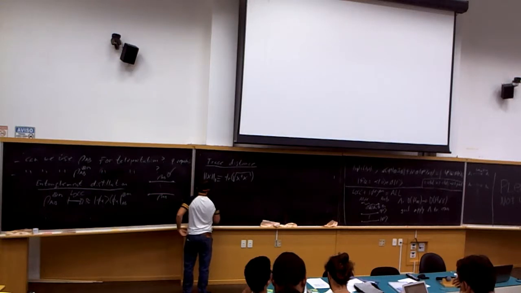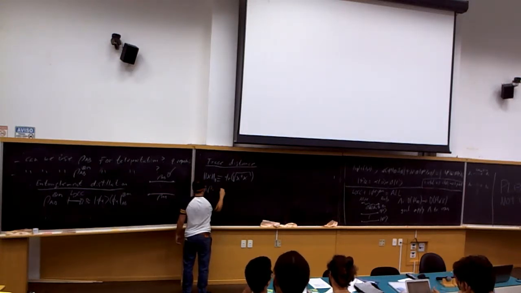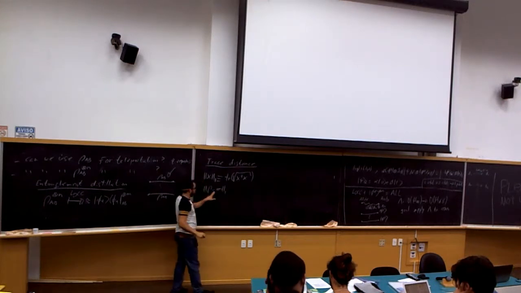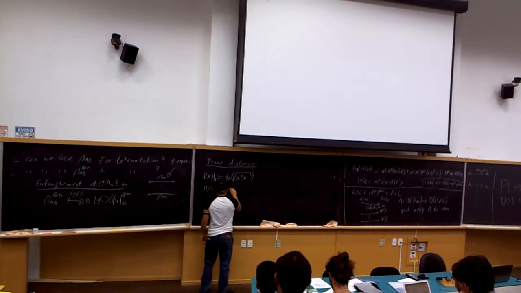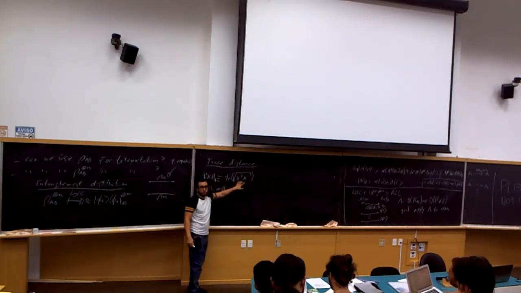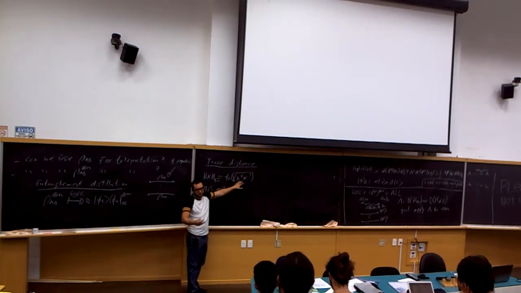And now we can compute this norm for two quantum states, so suppose these are density matrices now.